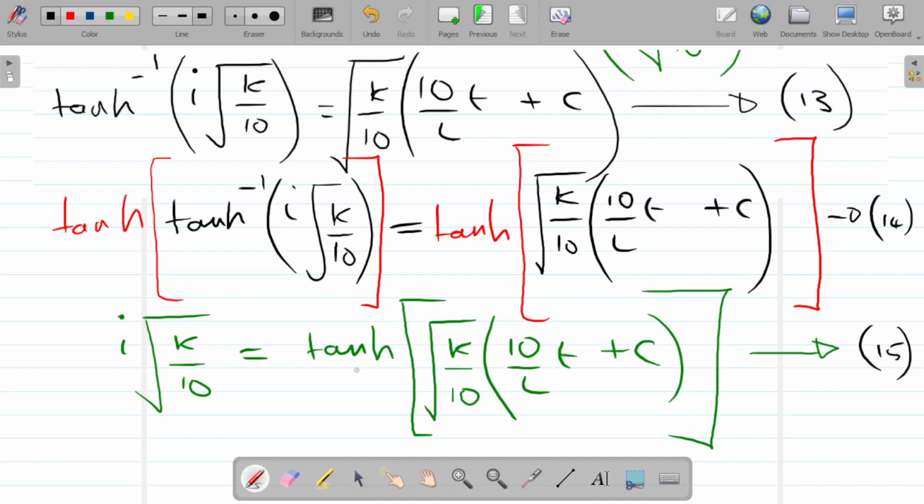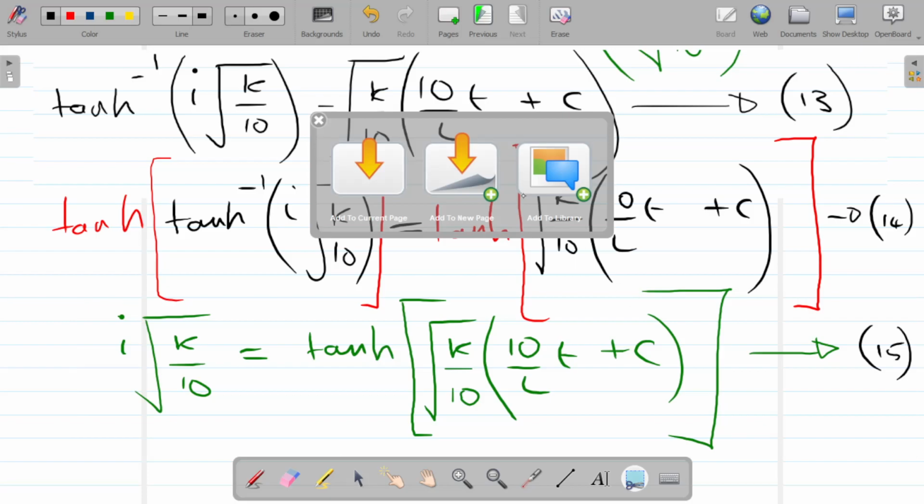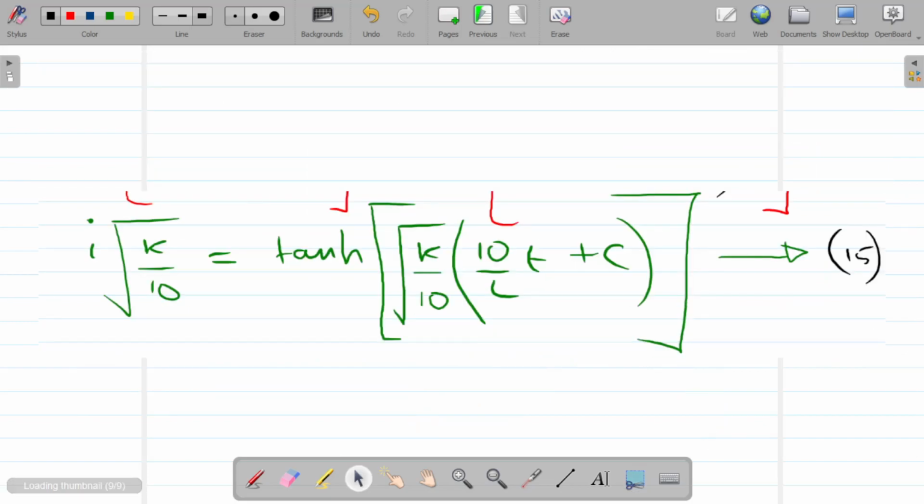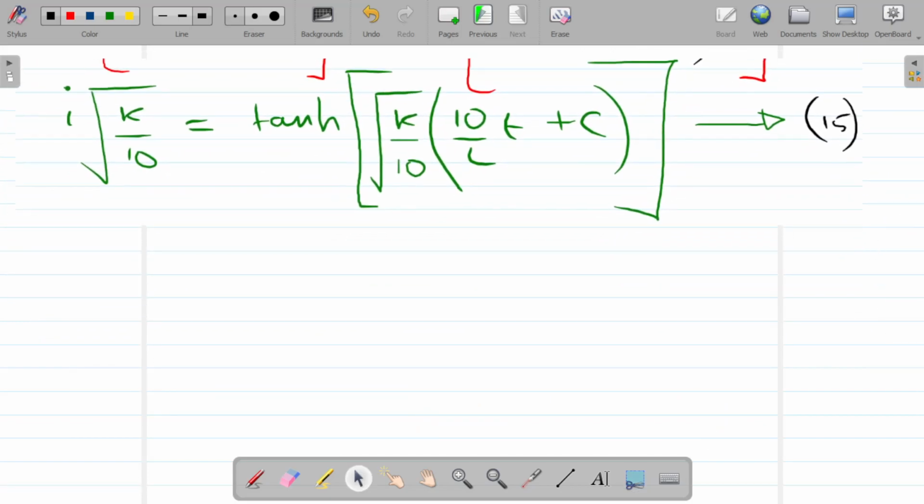Now we can simplify this equation a bit more. I'll just cut and paste that so that I can easily reference the equation and hopefully not make any mistakes. So basically the current I, let me move down the page a little more.